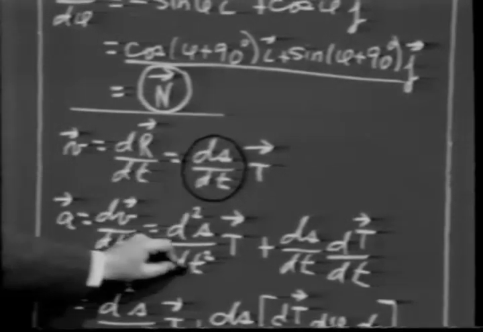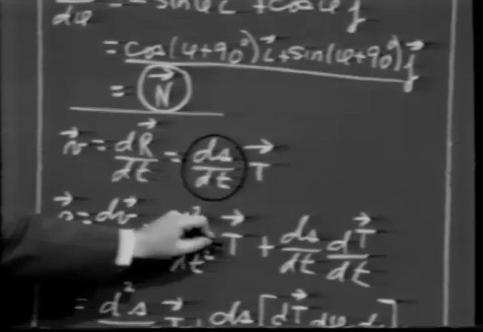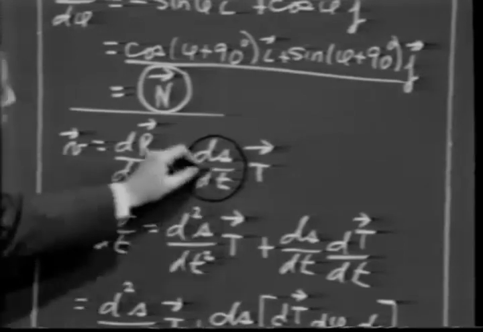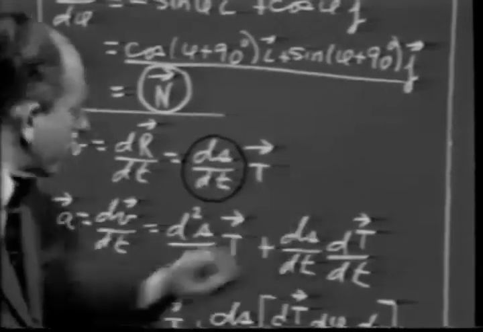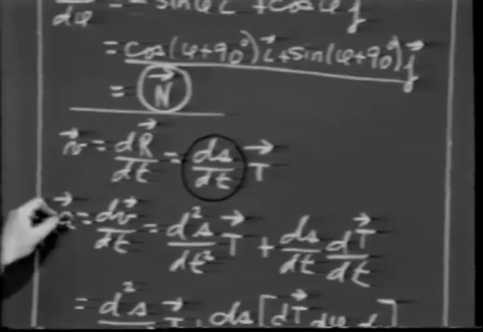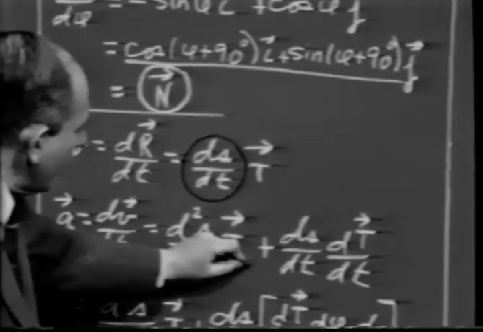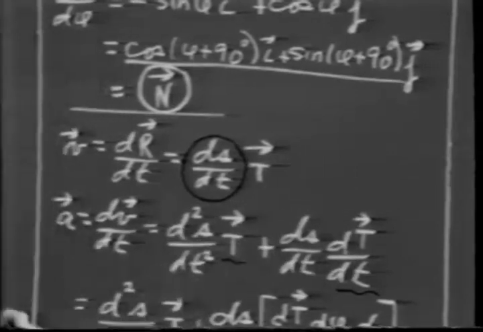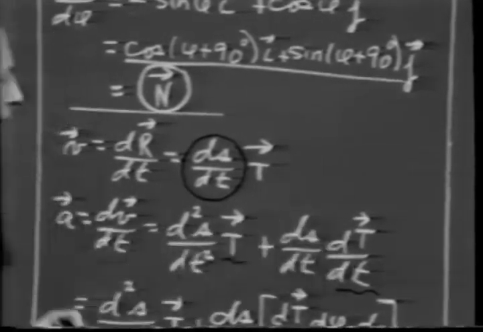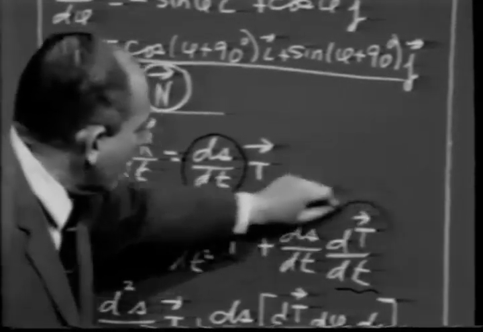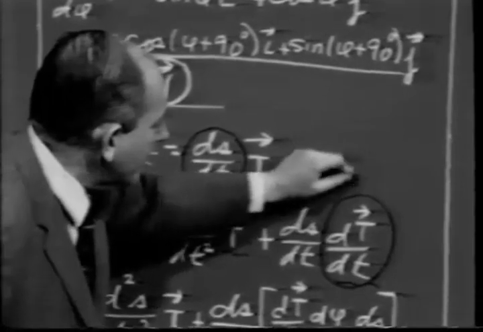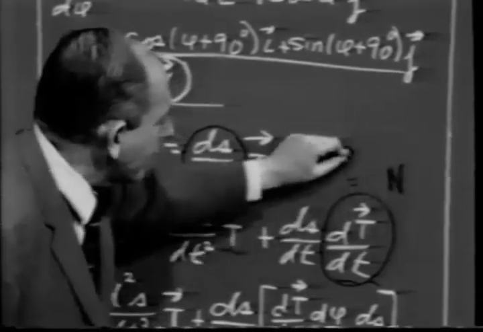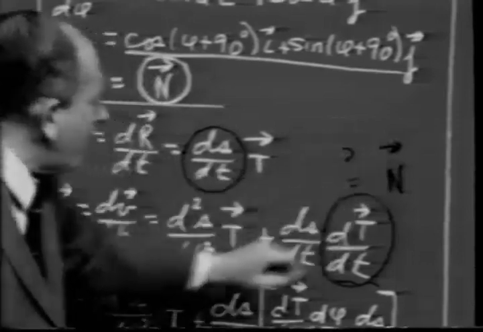Namely, it's the derivative of the first factor times the second plus the first factor times the derivative of the second. And I now have a expressed in terms of two vectors, T, and the derivative of the unit vector T with respect to time t. And somehow or other, all that's wrong here is I would like to get this thing expressed in terms of N.